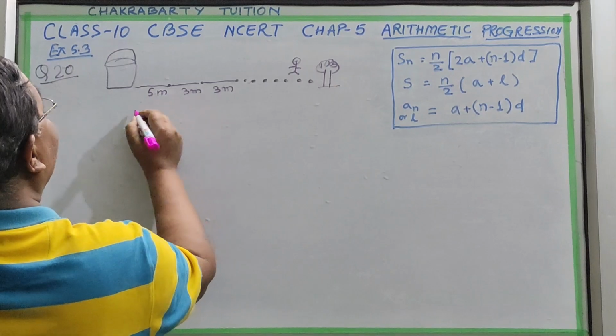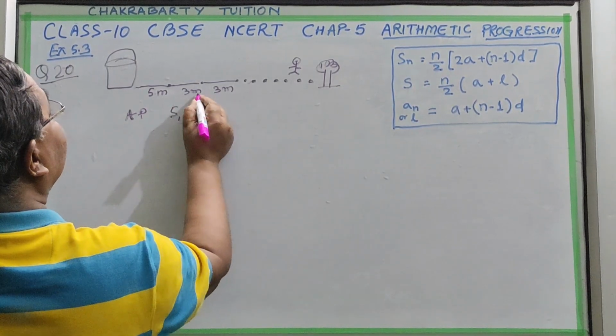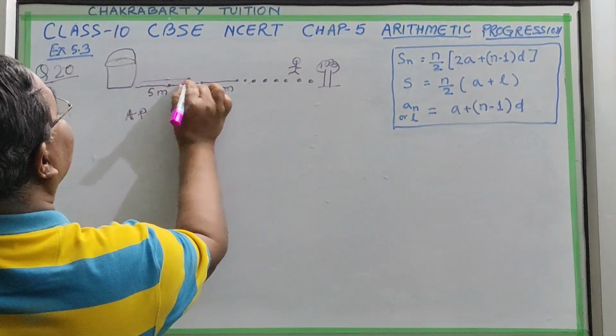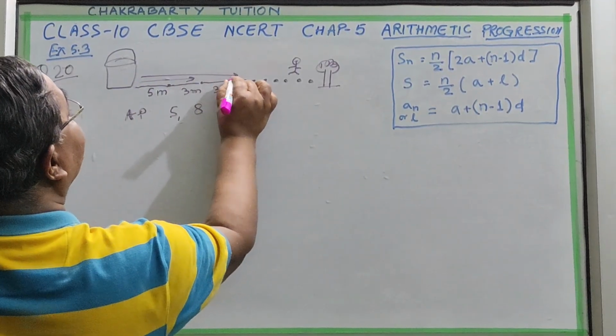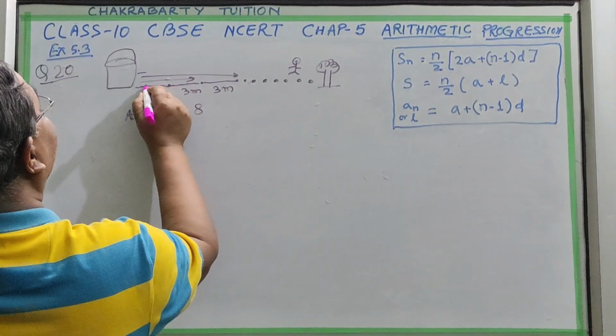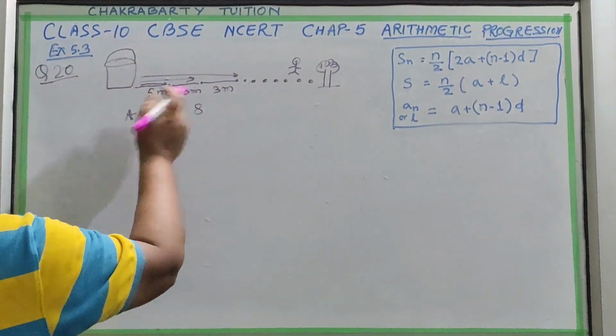So here the AP will be 5, then it will become 8, because every time she has to travel the whole length. Every time she will travel the full length. Like this, first she will travel up to here, and then she comes back also, goes and comes back.